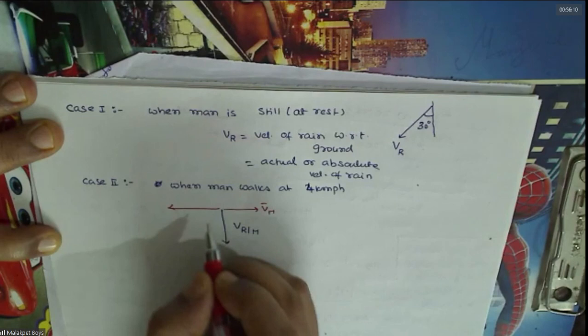Suppose if you take i cap, this is j cap, write the velocity of rain in vector form. Can you write or not? Two components will be there now. Do you agree with this?